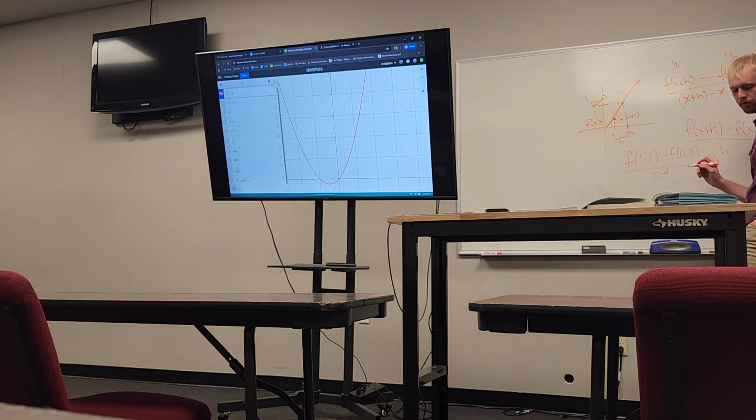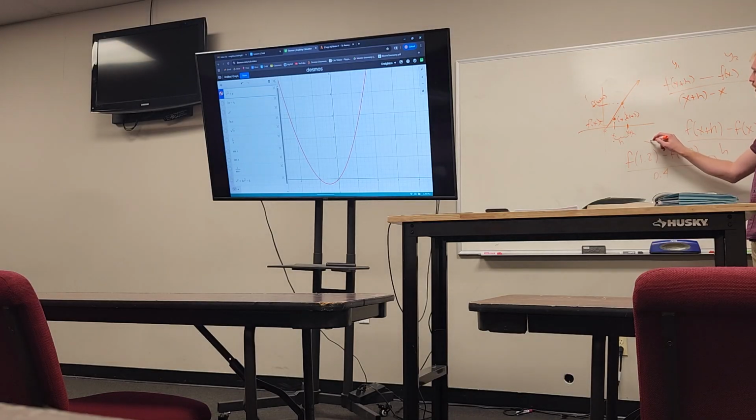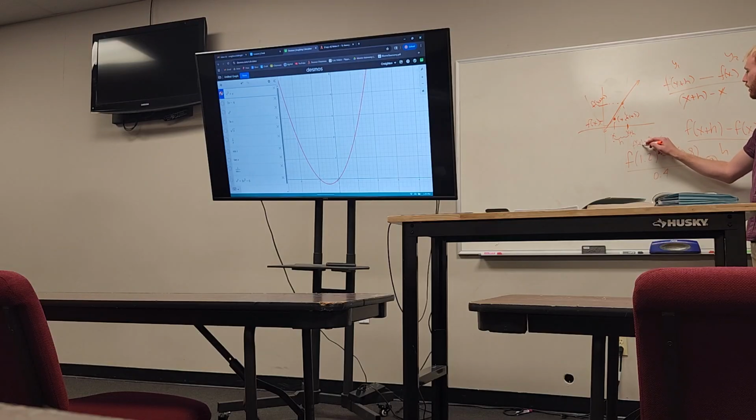That should come out to 3 when you put it in a calculator, because you would plug 1.2 into x squared plus x, and 0.8 into there. Whatever that comes out to, divide that by 0.4, you get 3.